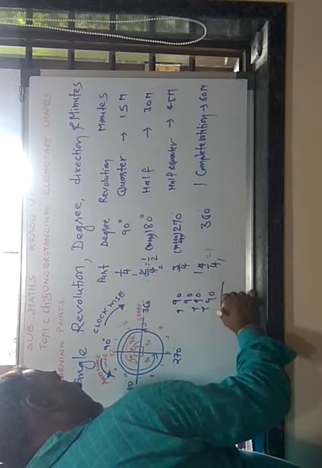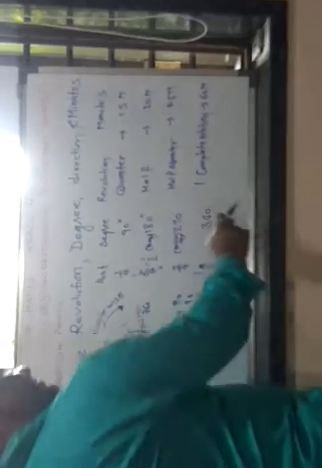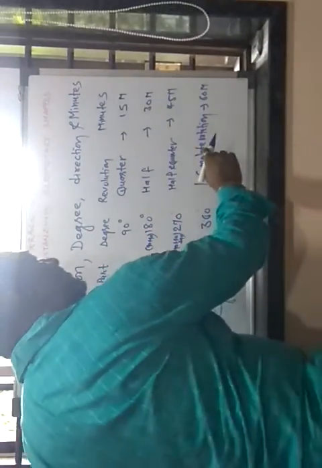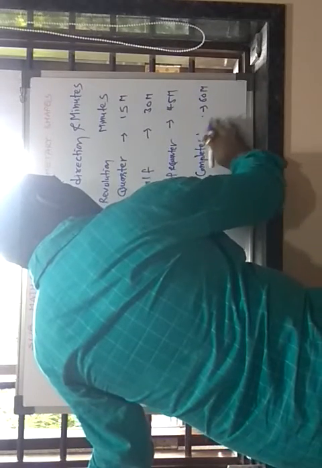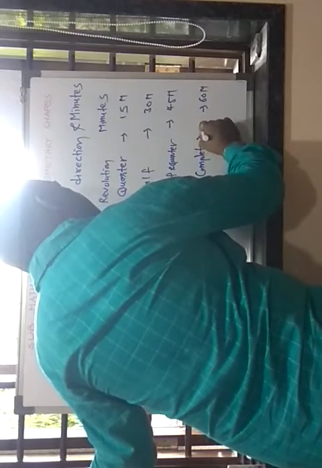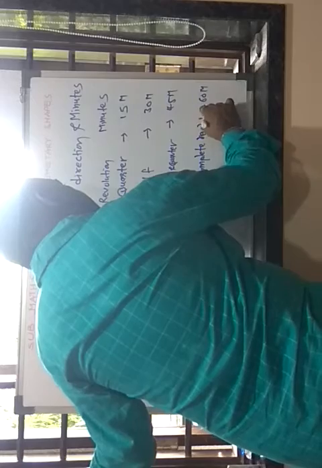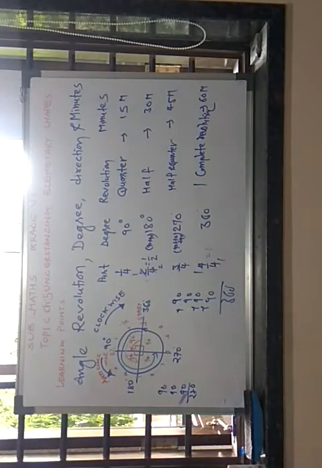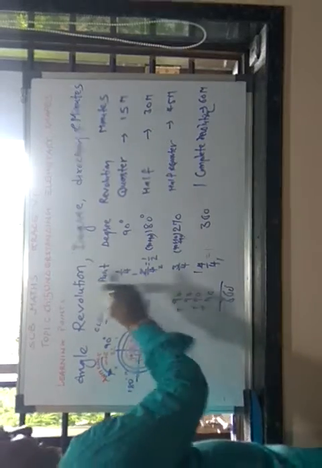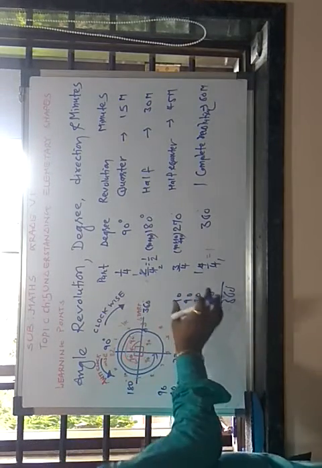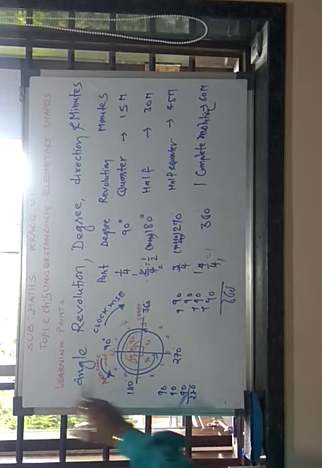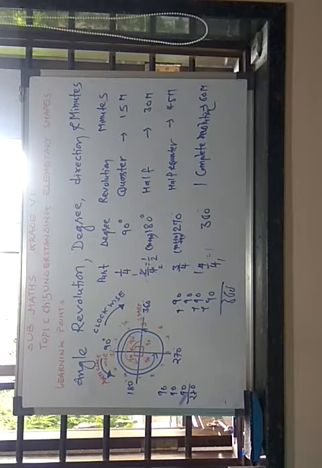When you add all these, you will get 360 degrees. 360 degrees means 1 complete revolution, not rotation, revolution. So 1 complete revolution means what? 60 minutes. So students, this is very important for the next exercise 5.2 sums. Okay, so I think you are clear on this topic.